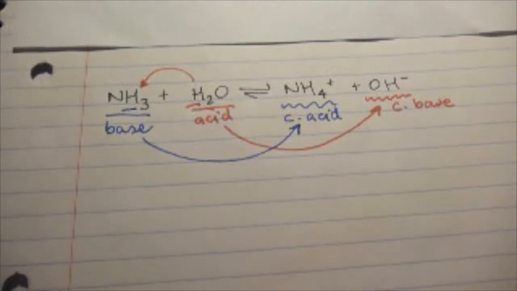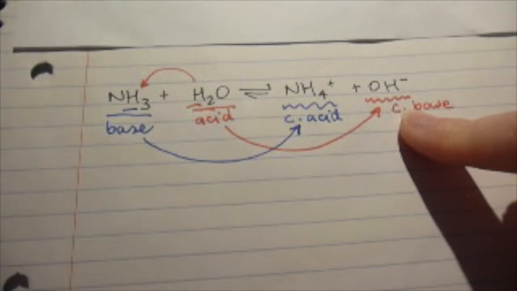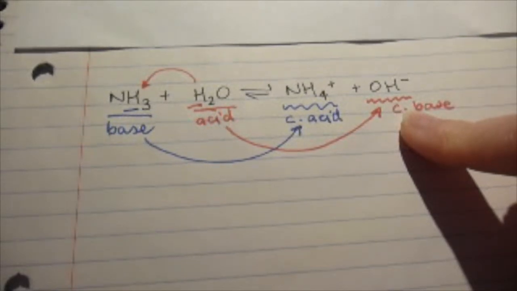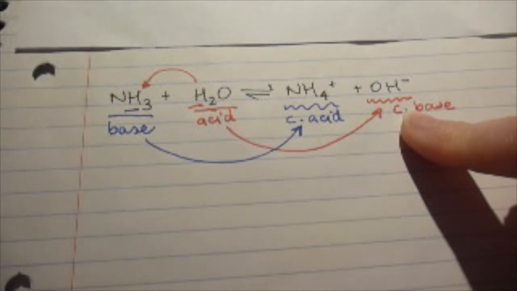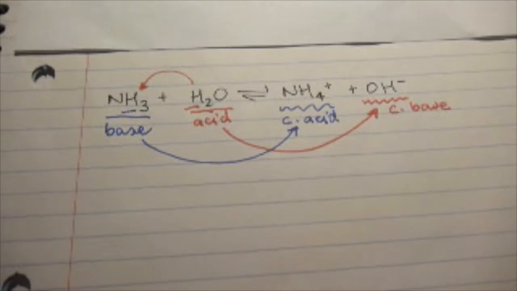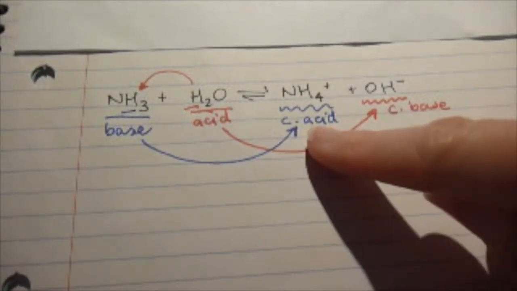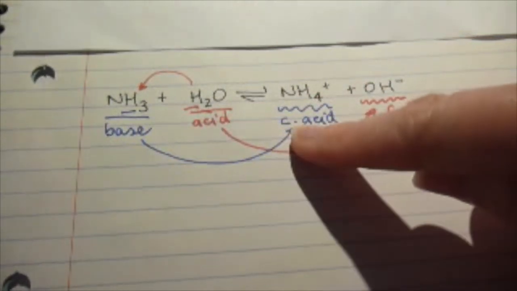Then the conjugate base is going to be the product species that differs from the reactants by one proton, the acid reactant. Then look and find out which species in the products differs from the base in the reactants by one proton. This will be the conjugate acid for the reactant that was the base.